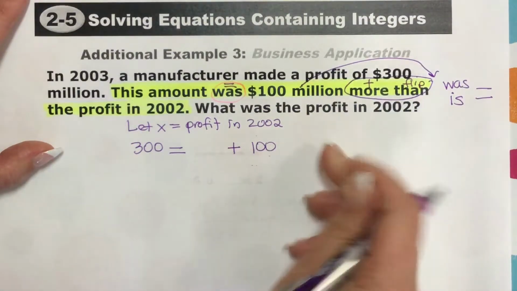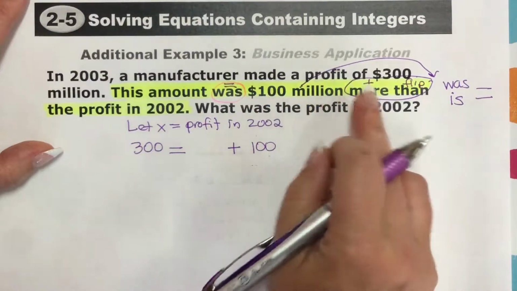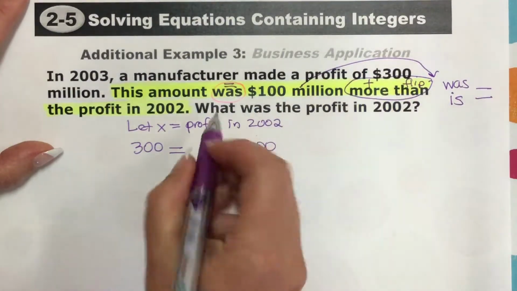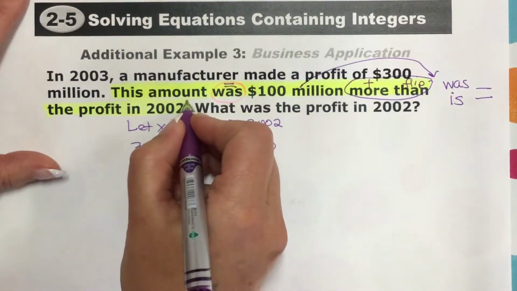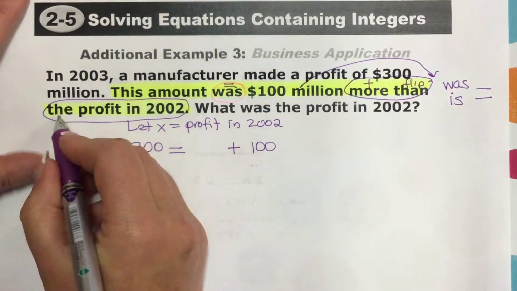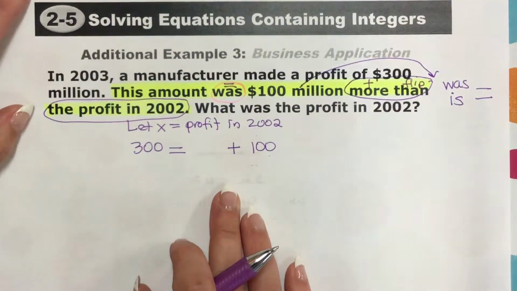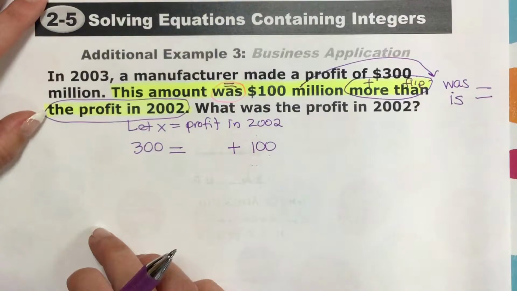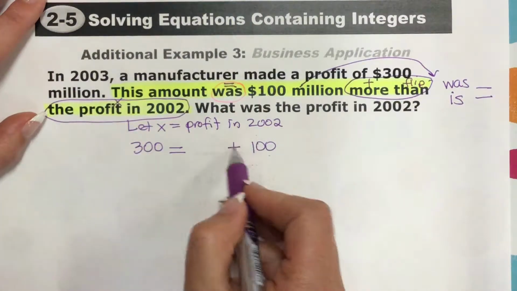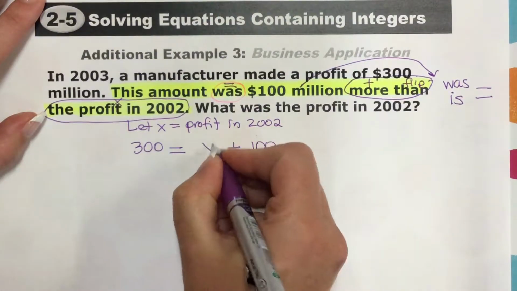And then after the words more than, the profit in 2002 is going to flip to the front. What are we calling the profit in 2002? We are calling this x, so that is going to flip in front of the addition sign.